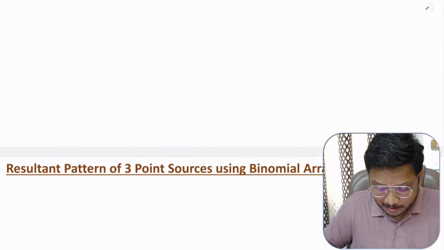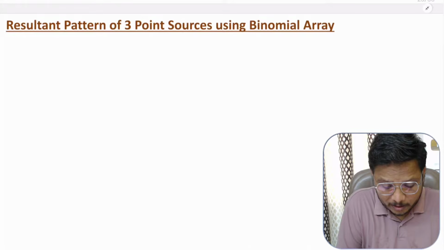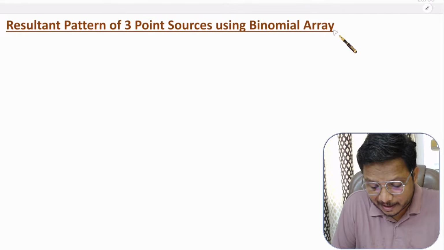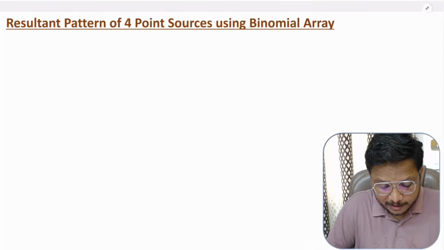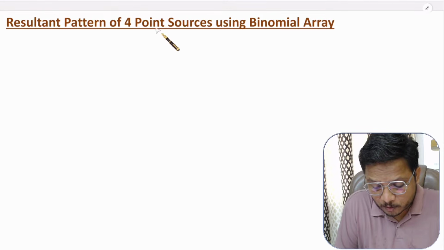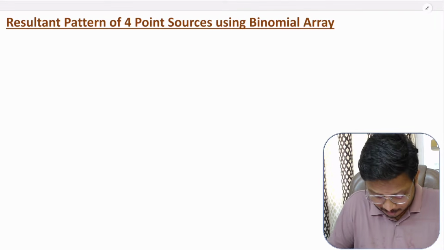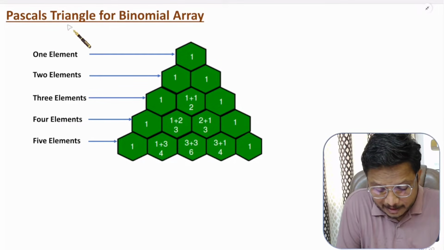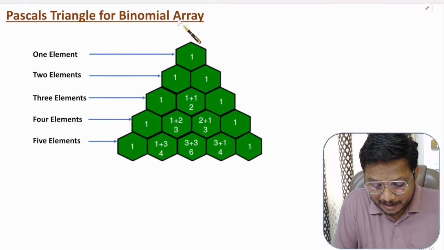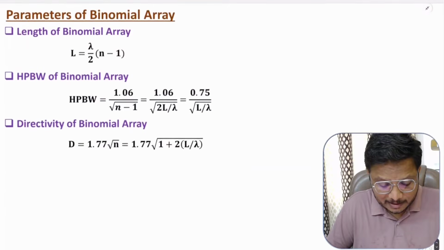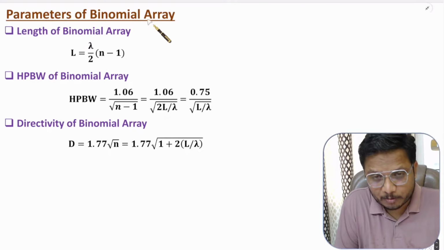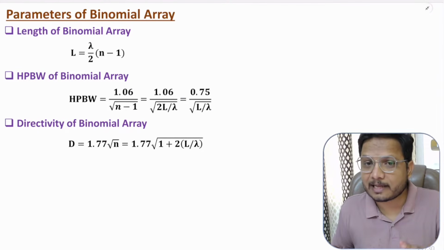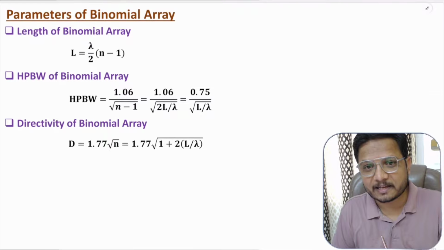And after that, I'll explain how to get the resultant pattern of 3-point sources using binomial array and how to get the resultant pattern of 4-point sources using binomial array. After that, I'll explain Pascal's triangle for binomial array, and at last I'll discuss the parameters of binomial array. So let us initiate this video with the first agenda, that is basics of binomial array.